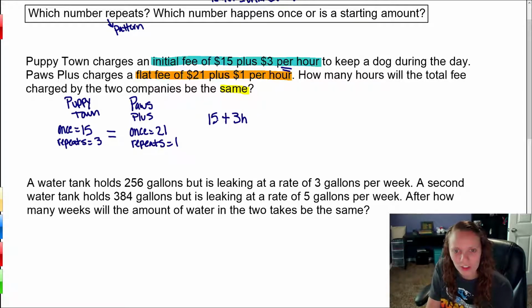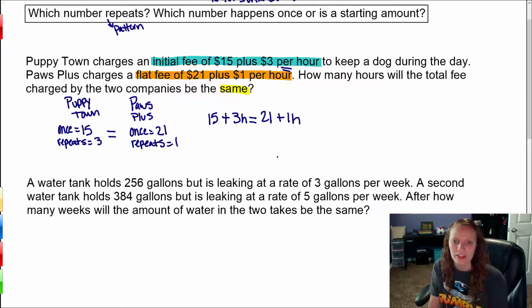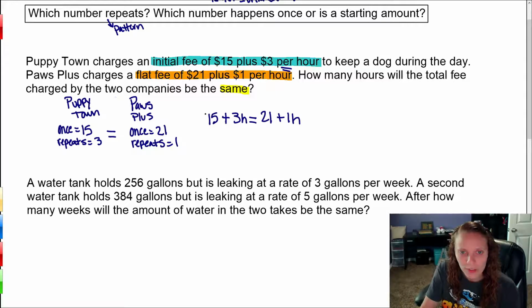So $15 starting off plus $3 per hour that the dog stays there needs to be equal to the flat fee of $21 plus the repeating $1 per hour. And then later we will learn how to solve this equation and figure out how many hours they will equal the same amount of money. So our goal today is just to write the equation.